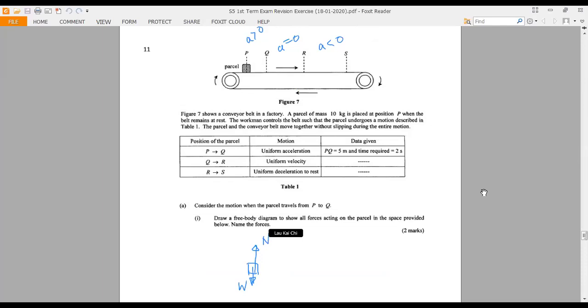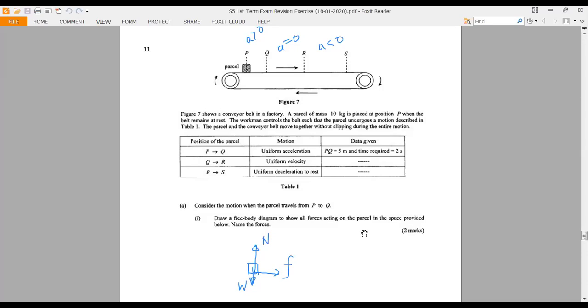And the third one is it moves forward. So who provides the force forward? There's no pushing force, it's only in contact with the belt, so that's why it's the friction. The friction pushing it forward.